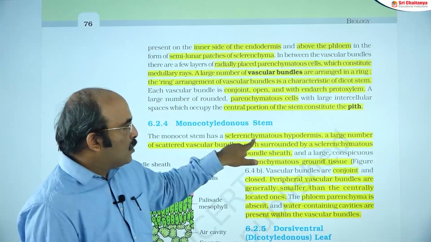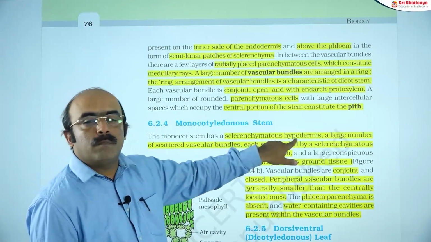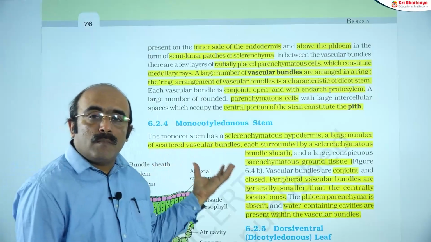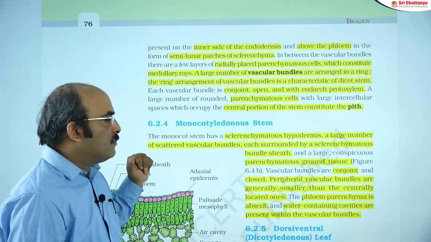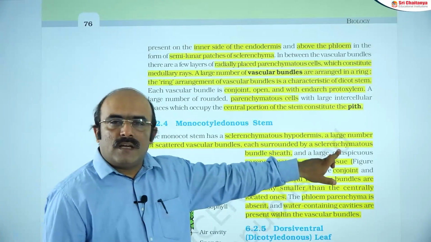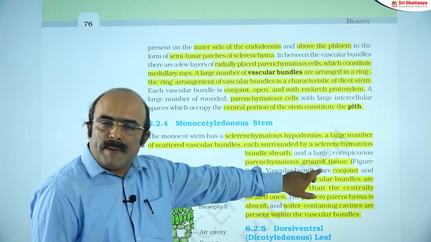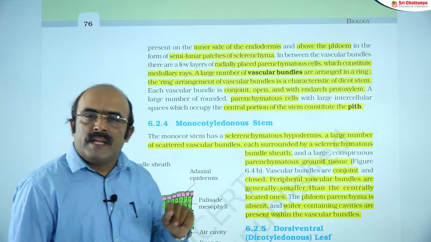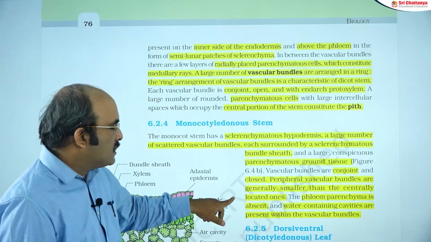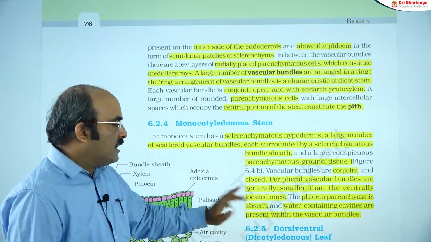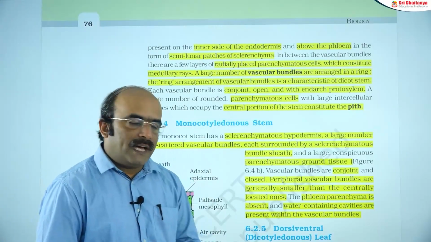The main point here is that the hypodermis is made up of sclerenchyma, and you observe a large number of vascular bundles in a scattered manner, and each vascular bundle is surrounded by a fibrous sheath, with parenchymatous ground tissue. The smaller vascular bundles are present at the periphery, and the central vascular bundles are somewhat larger.